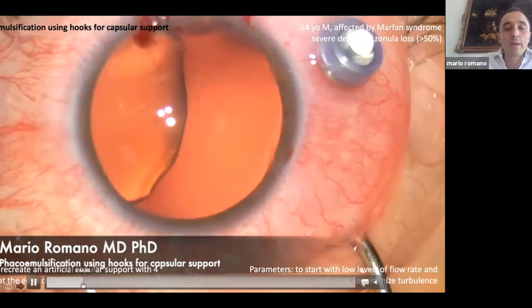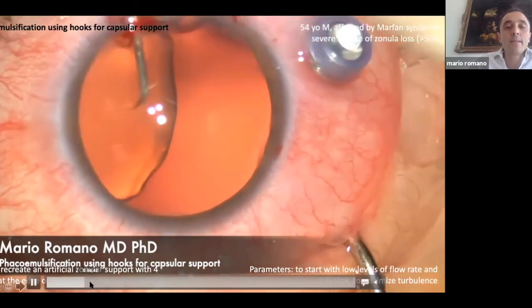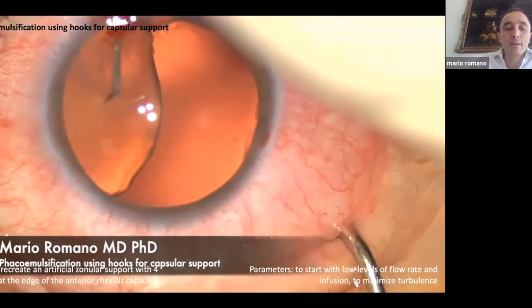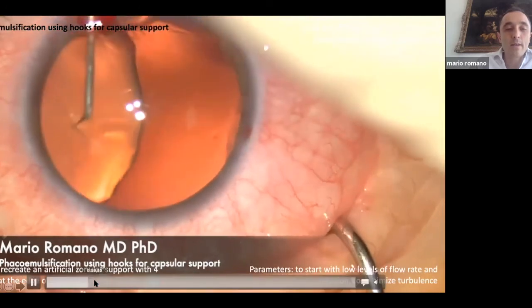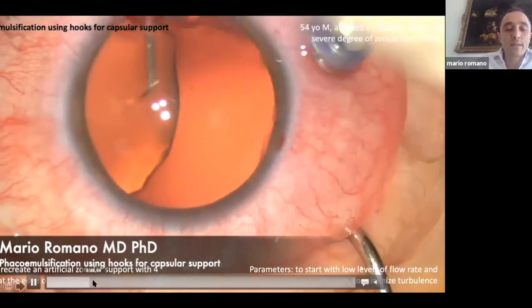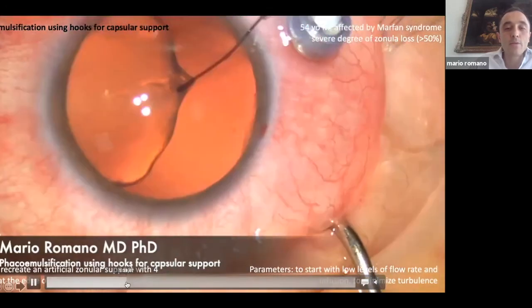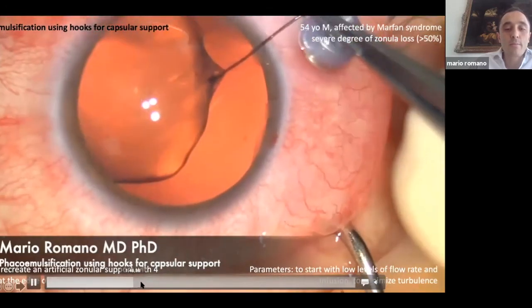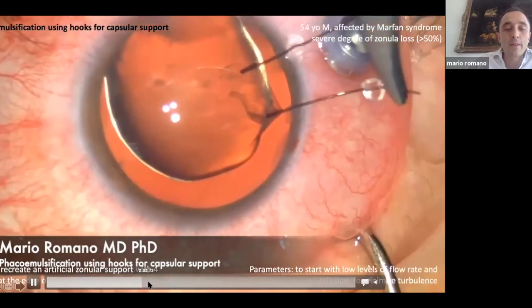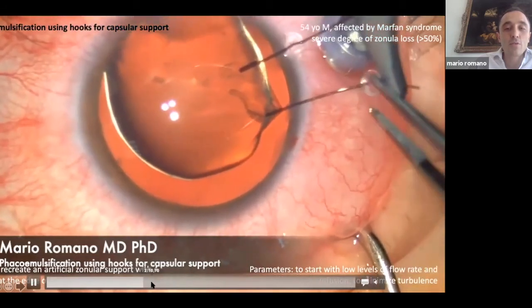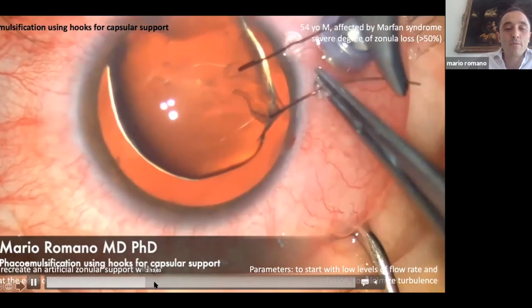I was doing, as you can see here, the capsular axis, first incision with the cystotome, because it's sharper, as I was saying. Then I was placing the 4 hooks, and I was creating an artificial zonula to support my phacoemulsification.